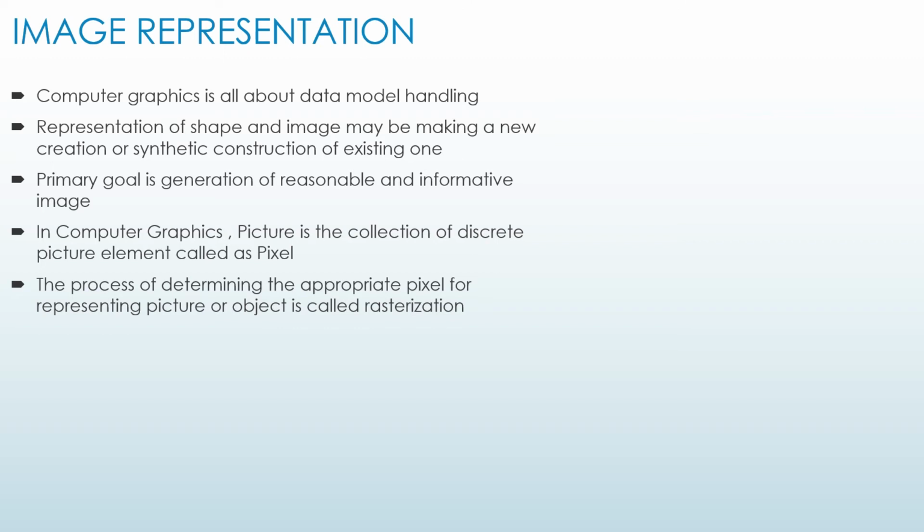The process of determining an appropriate pixel representation for a picture or an object is called rasterization. As I said, a collection of pixels makes a picture. So what quantity of picture do you require to be shown?